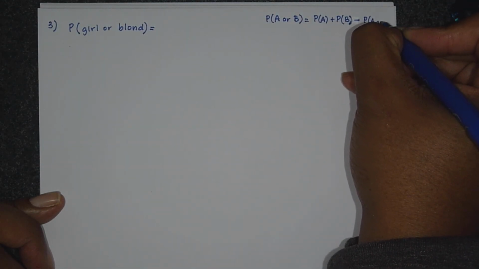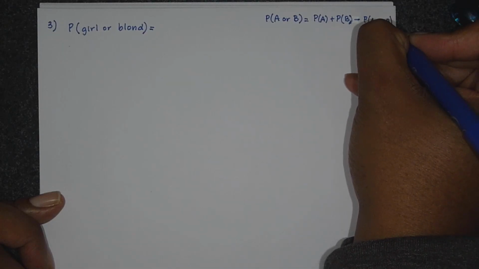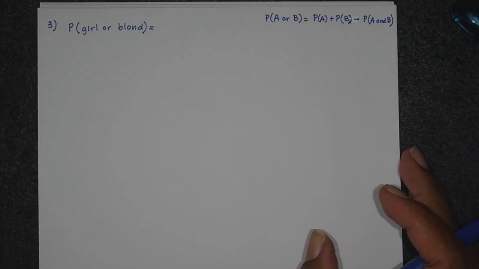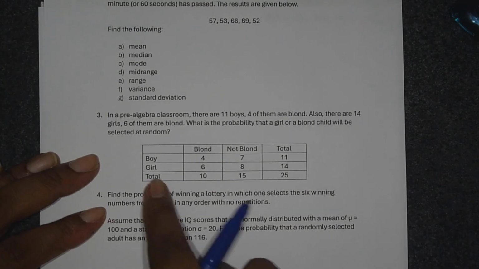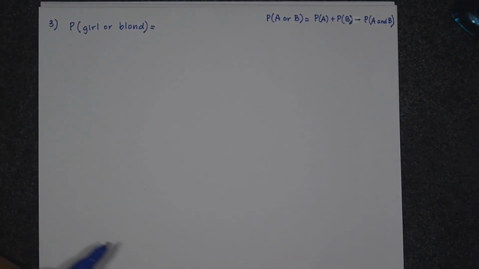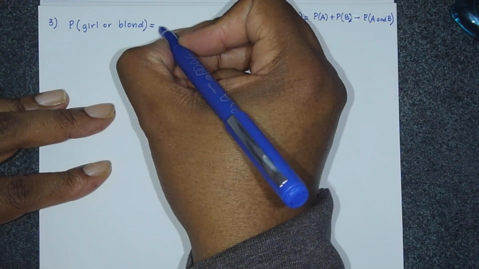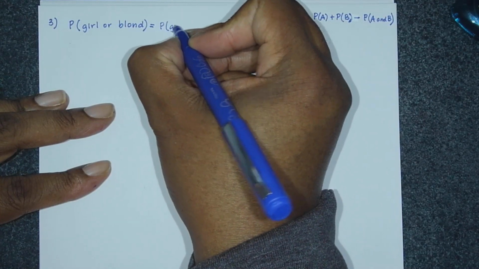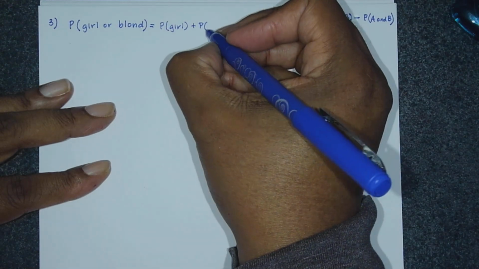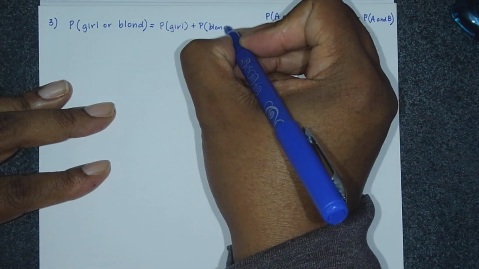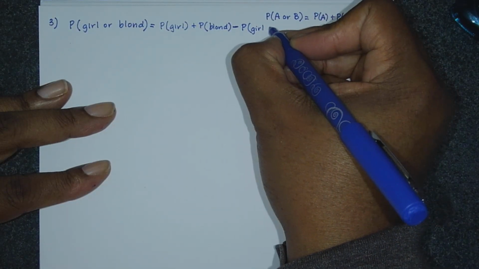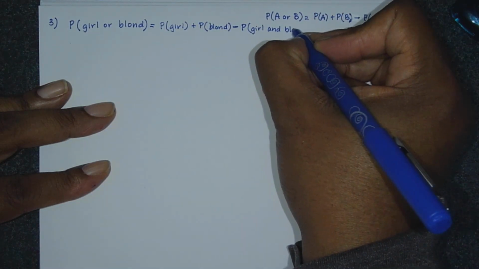Probability of A and B. Because if you look at that table, you have the girl and then you got blonde, those two intersect. They have something in common. So we have to subtract off that overlap. So if I was to write this out, this would be the probability of a girl plus the probability of blonde, and then subtract out the probability of a girl who's blonde.